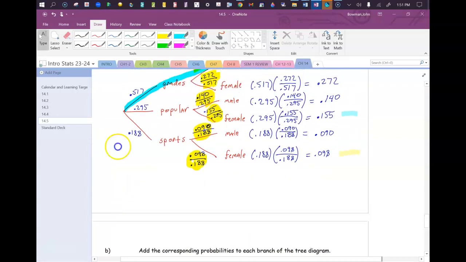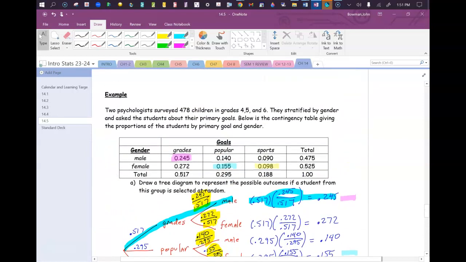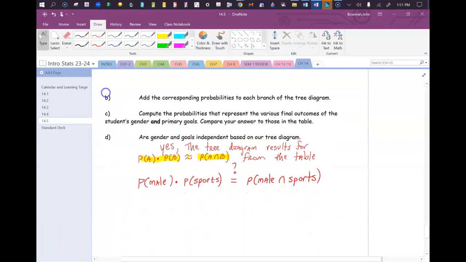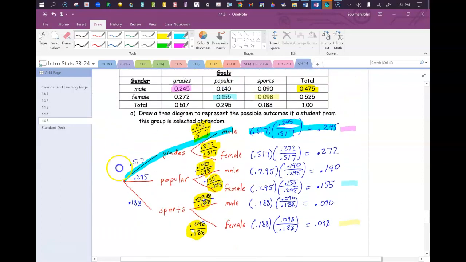So we'll figure that out in just a minute here. So probability of male is going to be 0.475. So we'll go back to the previous page, 0.475. We're going to multiply that times the probability of sports.